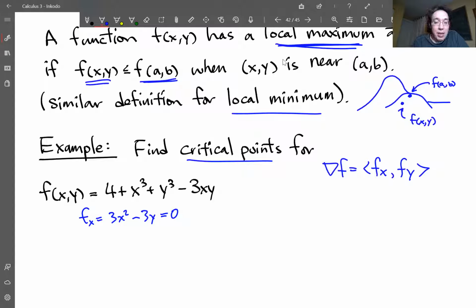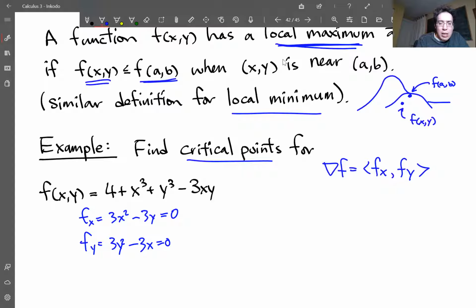But here I just have one equation with 2 variables. Let's look at the partial derivative with respect to y. You get 3y squared minus 3x, equal to 0. So what can we do here?